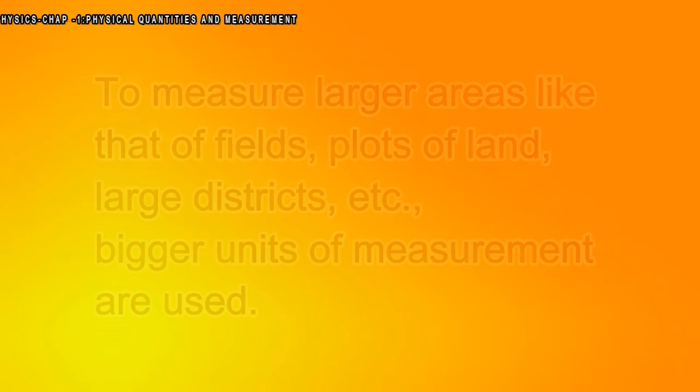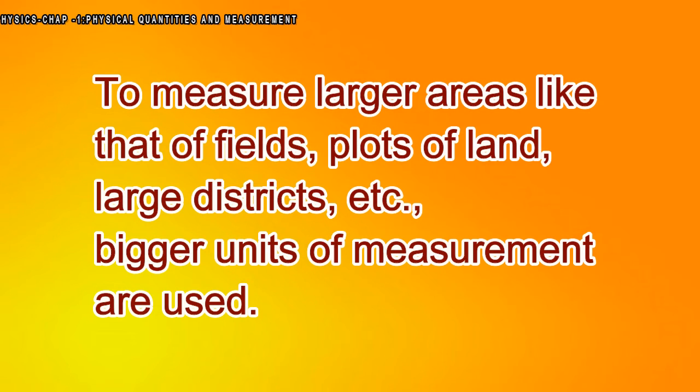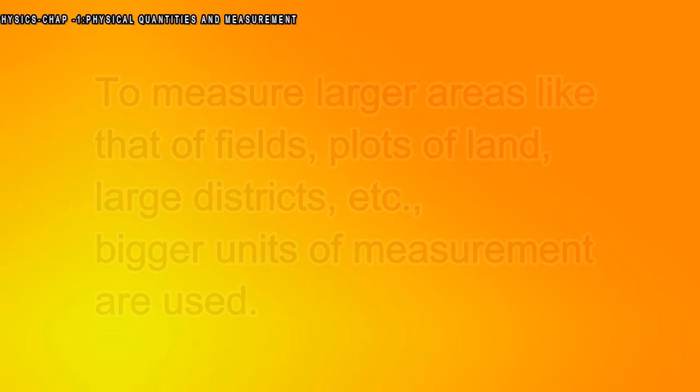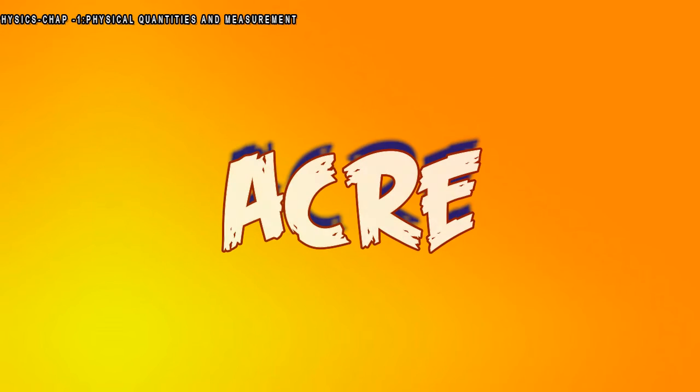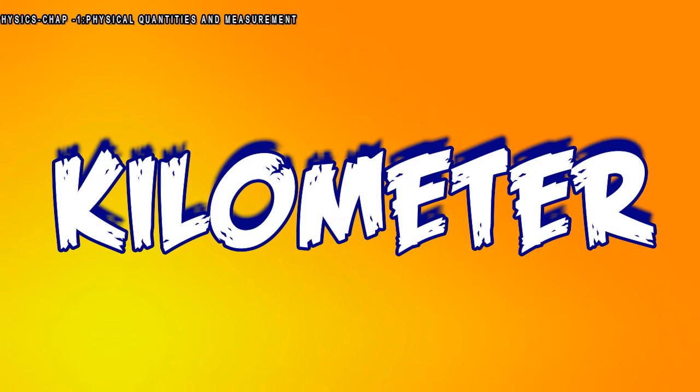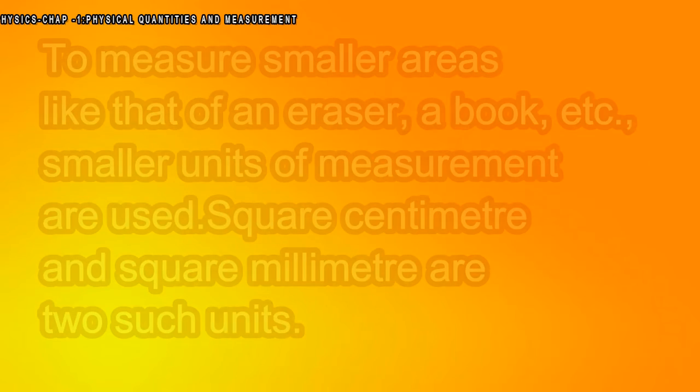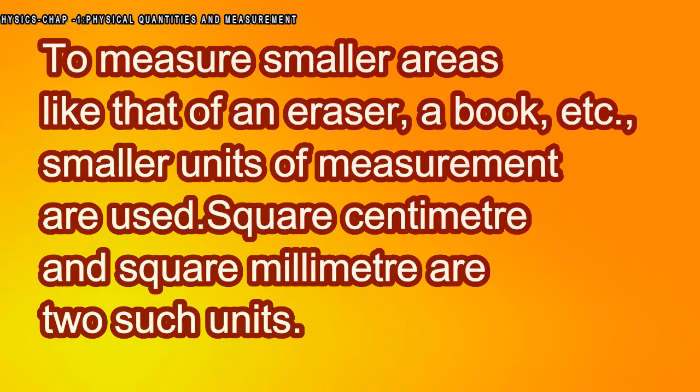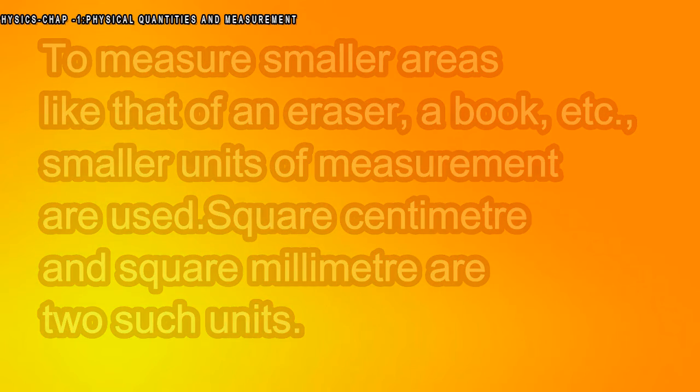To measure larger areas like that of fields, plots of land, large districts, etc., bigger units like acre, hectare, square kilometers are used. To measure a smaller area like that of an eraser, a book, etc., a smaller unit like centimeter square is used.